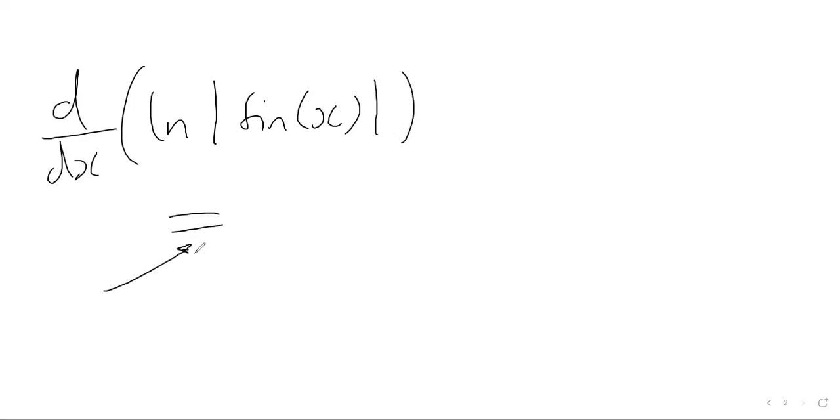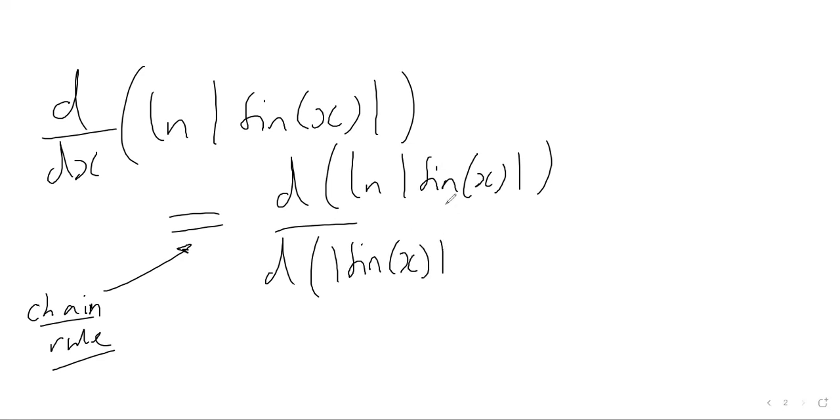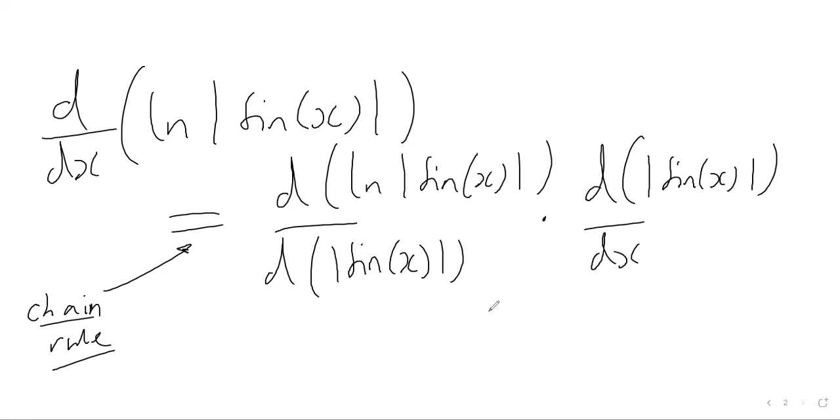Using the chain rule formula, we're going to differentiate the function ln of the modulus of sine of x, but with respect to the modulus of sine of x, this absolute value. And then we multiply that by the derivative of the absolute value of sine of x, differentiating with respect to x.